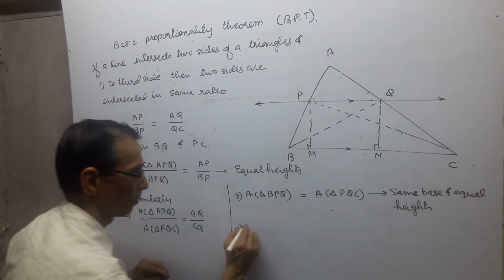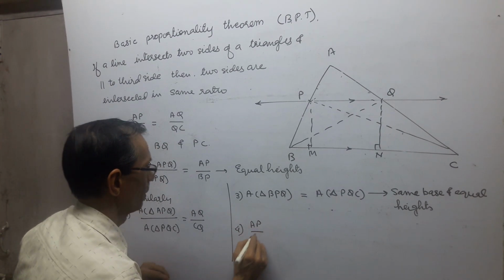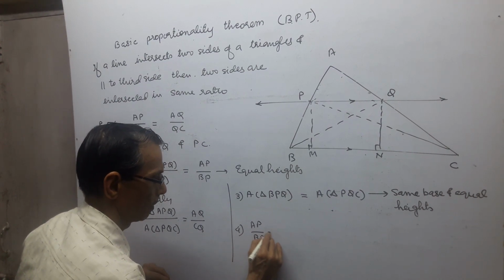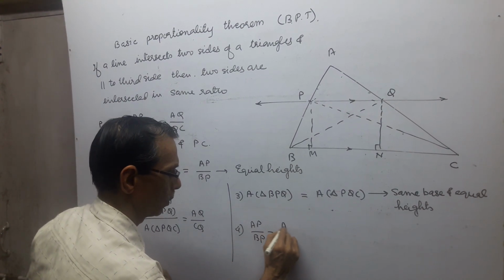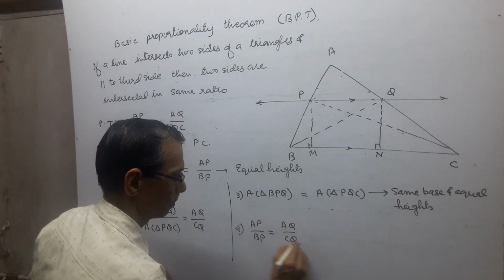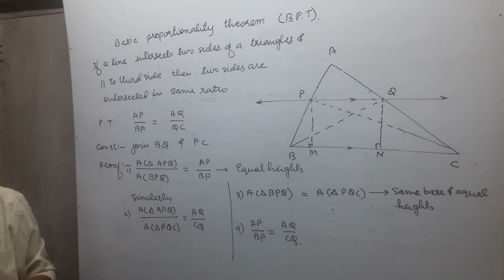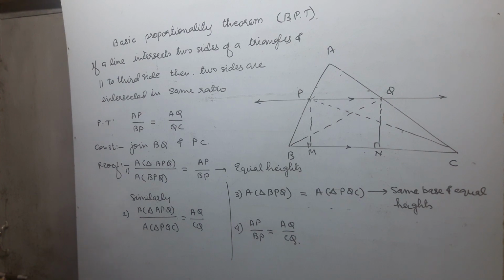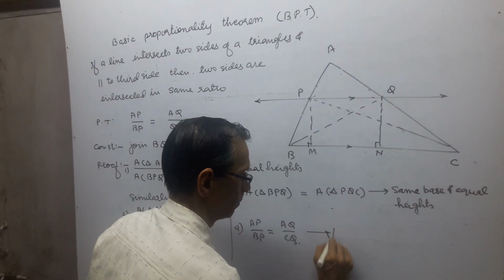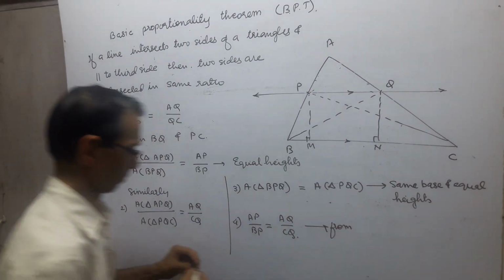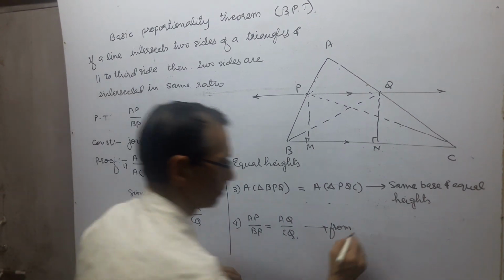Therefore AP upon BP is equal to AQ upon CQ, from first, second and third.